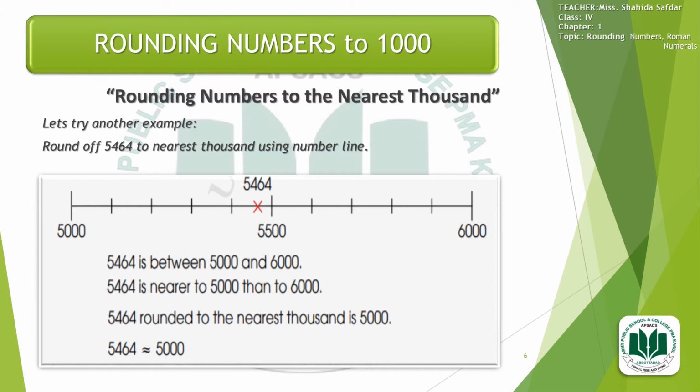You can see here that 5464 is close to 5000 rather than 6000. So, 5464 rounded to nearest thousand is 5000. Hence, 5464 is rounded off to 5000.